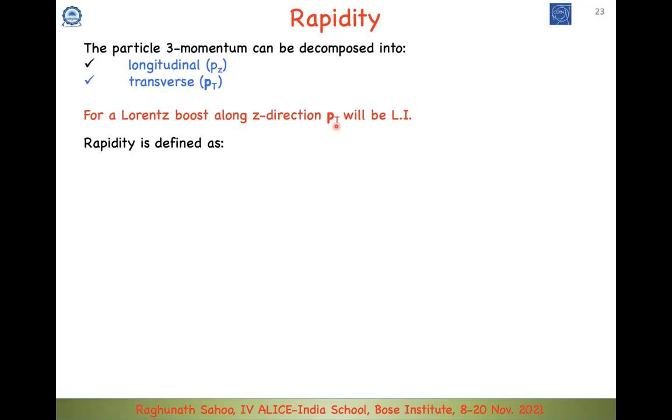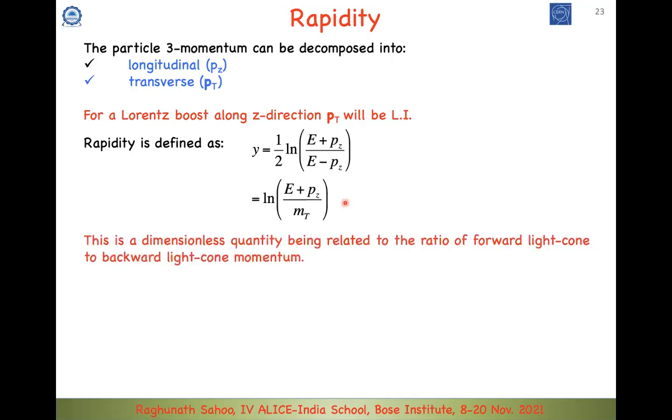That is the reason we are habituated to or like to use PT, ET, this kind of thing, because of Lorentz invariance. And the rapidity I earlier defined as half log of E plus PZ divided by E minus PZ, and you can also write it in terms of MT.